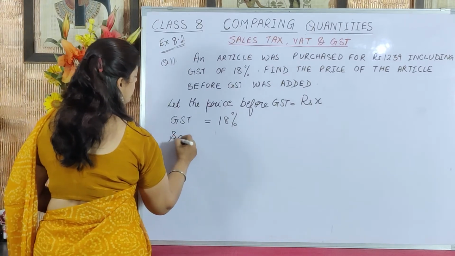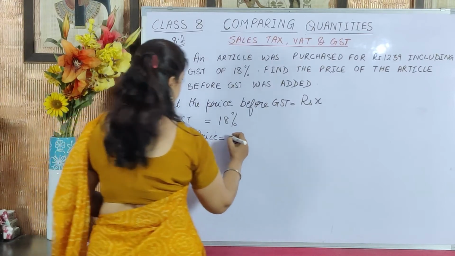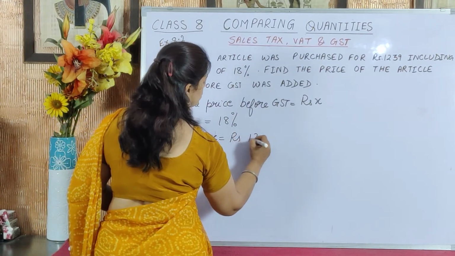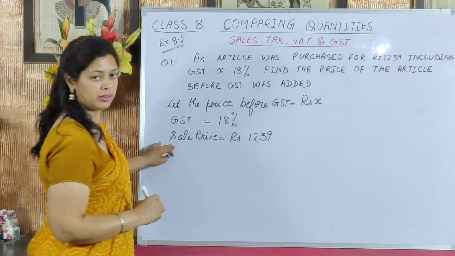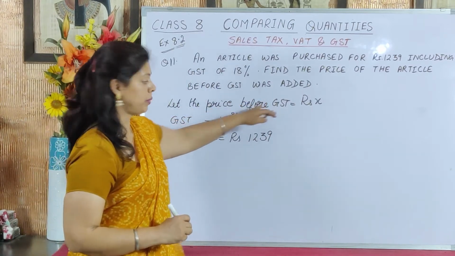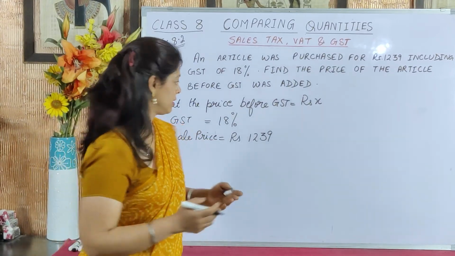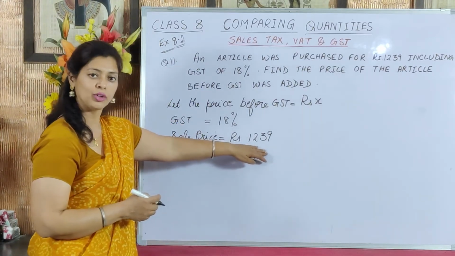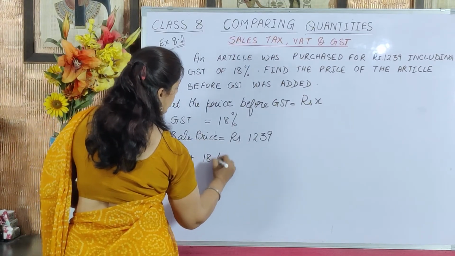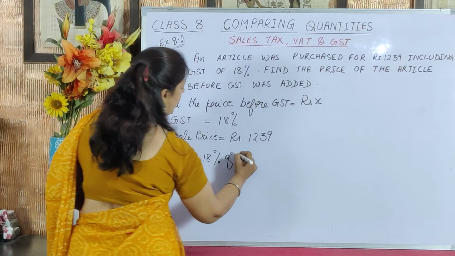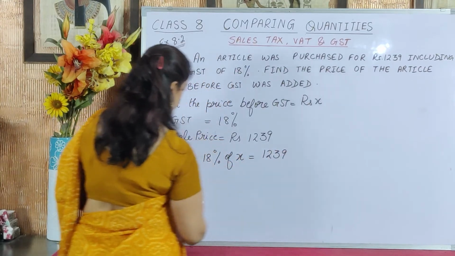And the price including GST, that is the sale price, is rupees 1239. So according to the question, the original price plus the GST, which is 18% of the original price, will be equal to 1239. So X plus 18% of X will be equal to 1239.